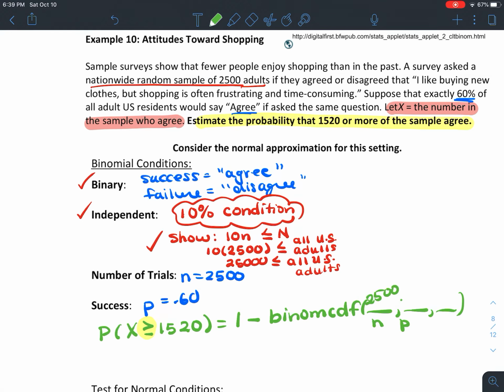I know my sample size is 2,500 and the probability of success is 60%, but I want to include 1,520. So what I want to subtract off is anything from 0 up to 1,519. That would give me a 21.31% likelihood.